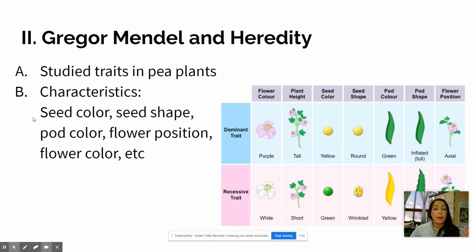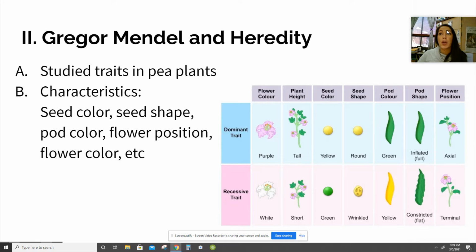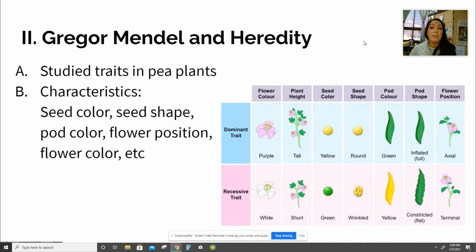We can't talk about heredity without talking about the scientist Gregor Mendel. He was a monk in Austria, and he was a gardener. Most of his recorded studies were in the garden with pea plants.